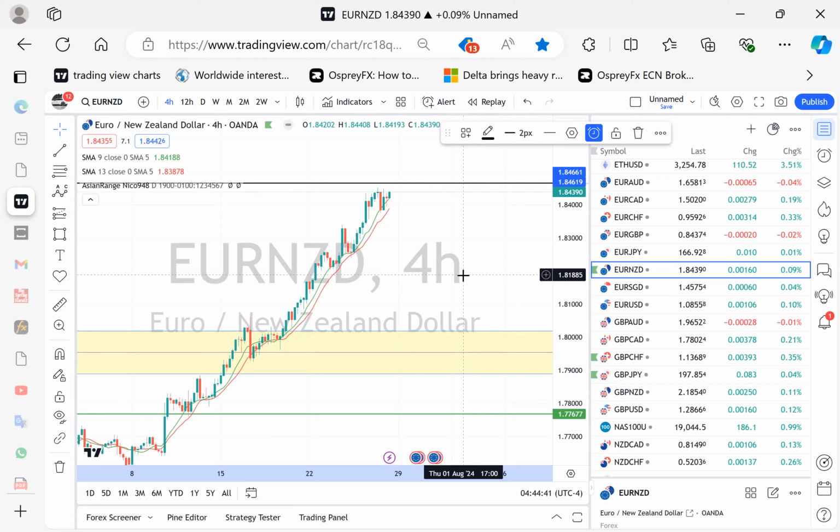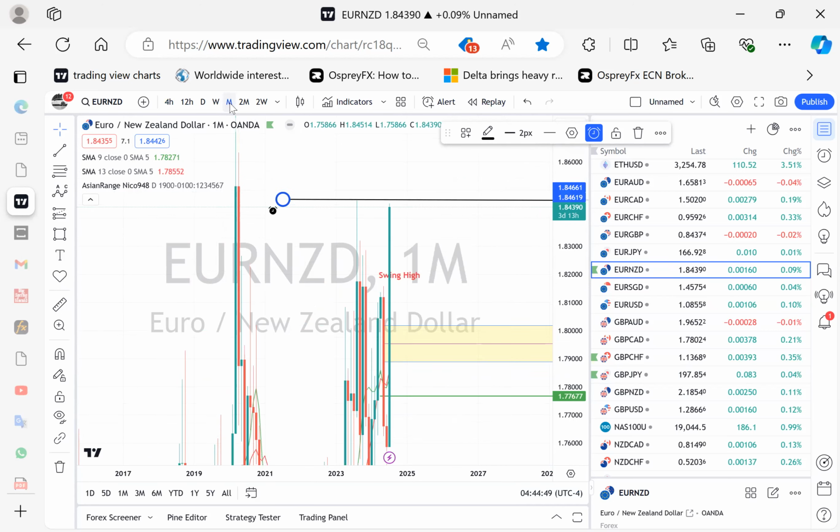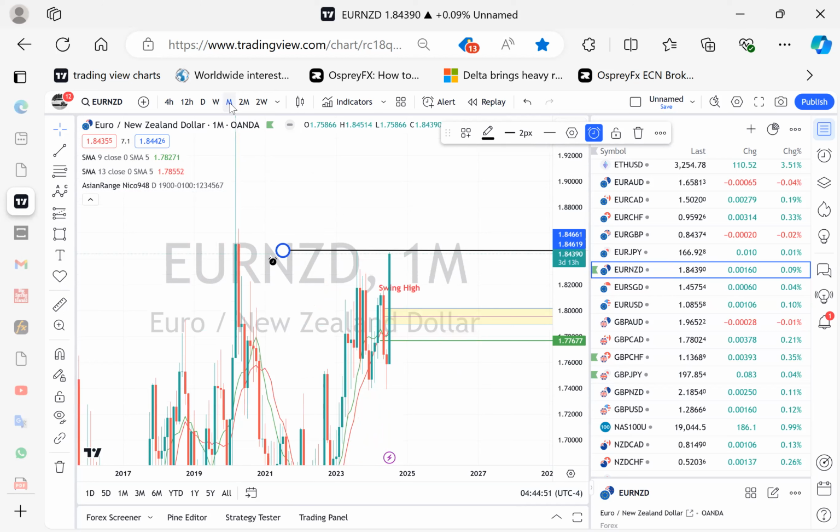So hopefully, you guys understood this. Hopefully, I explained it properly. I know I've been doing it for a while, so mentally, I probably make a lot of assumptions that may not be clear to you guys as people who don't normally trade like this or don't see the markets the same way I do.